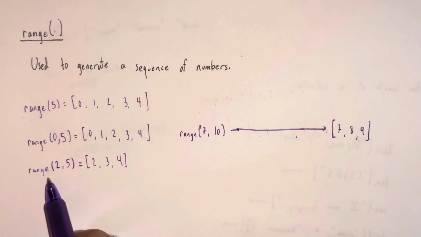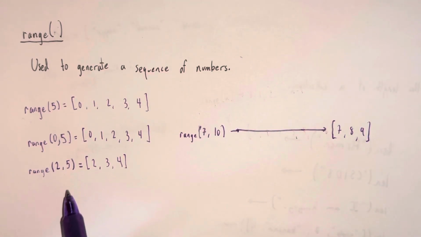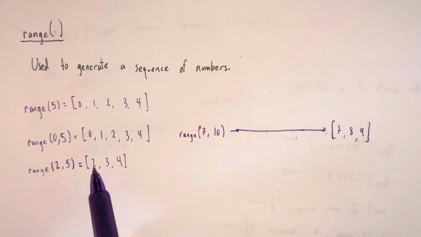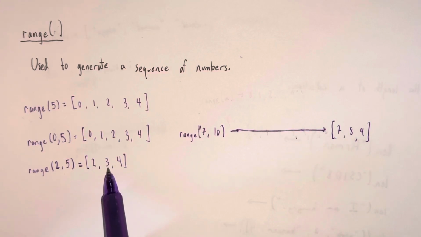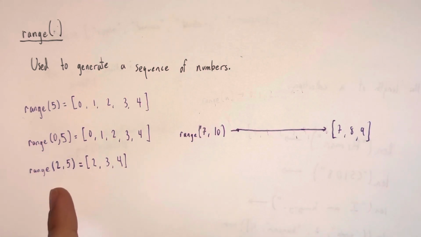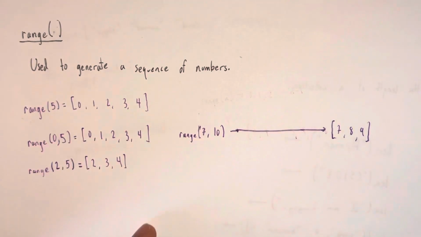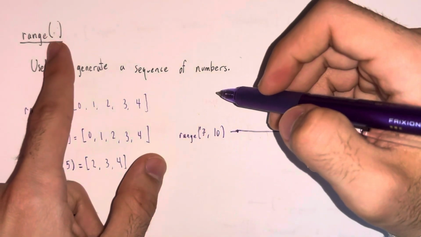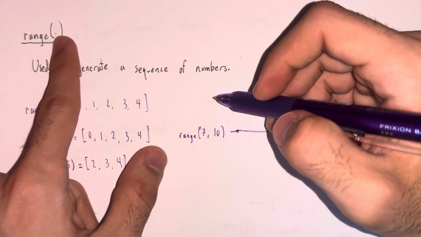Down here we have range 2, 5, and that's starting at 2 and ending at 5 minus 1, which is 4. 2, 3, 4. So that's the range function, and basically it just generates a sequence of numbers given some number. You need to put some number for the parameter here.